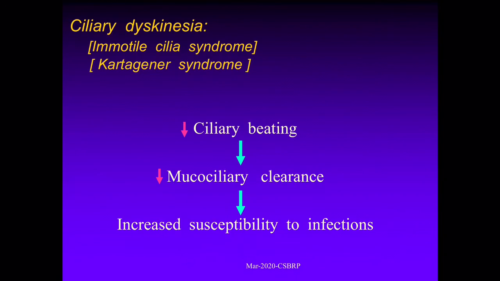So any abnormality in the ciliary beating is associated with decreased mucociliary clearance, and these accumulated secretions are a source of infection, and this may pose a threat mainly in the form of development of bronchiectasis.